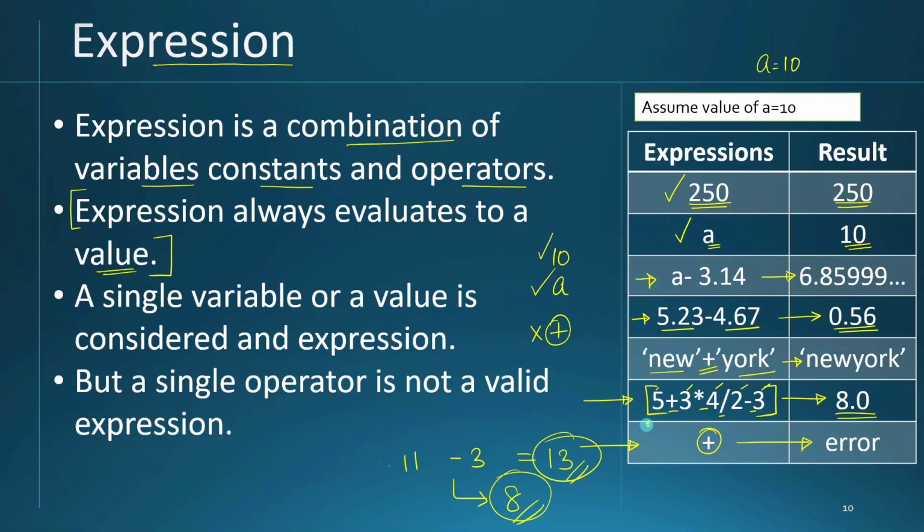But if I proceed sequentially from left to right, which means I will do plus first, after that multiplication, after that division, after that minus, the result is going to be 13. So you should understand, in Python, we have a preference order in which operator should be selected first for operating and which operator should be selected last. Based on that, when you evaluate, the correct result is going to be 8. So let us see that rule and understand how Python evaluates a complex expression.